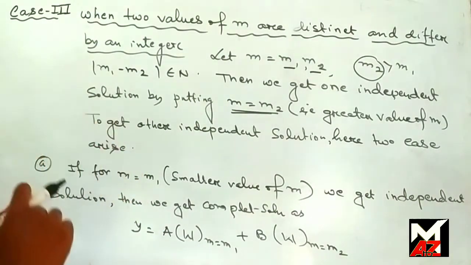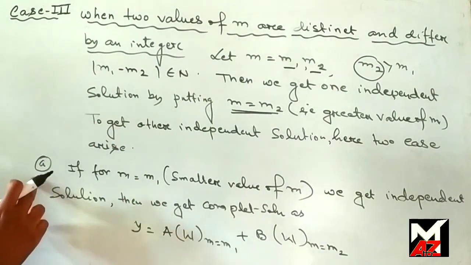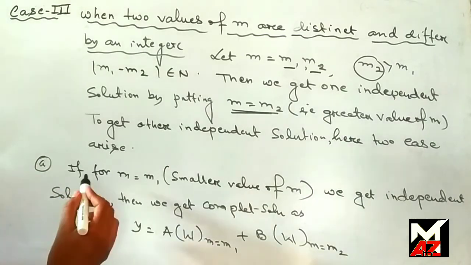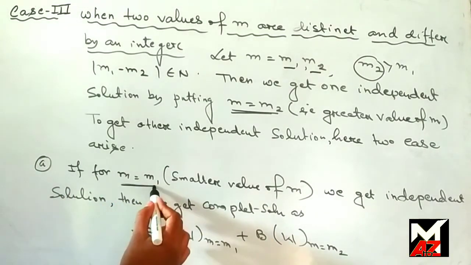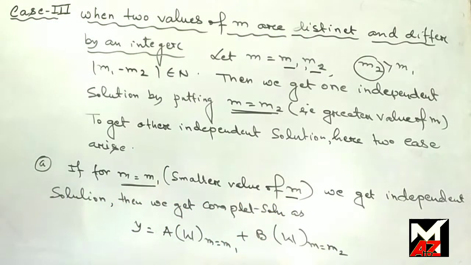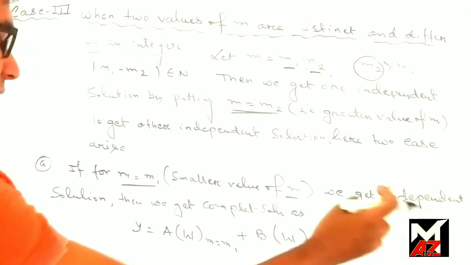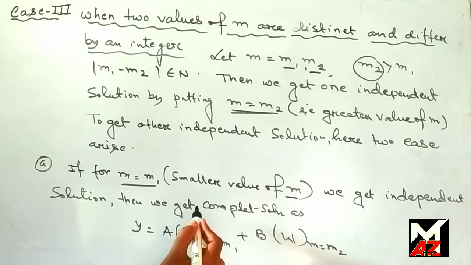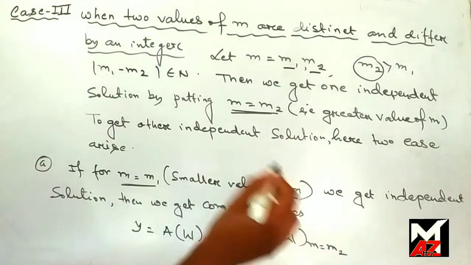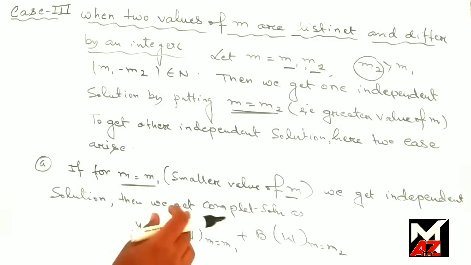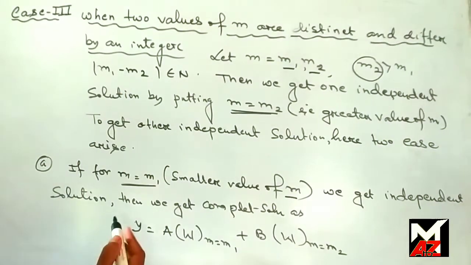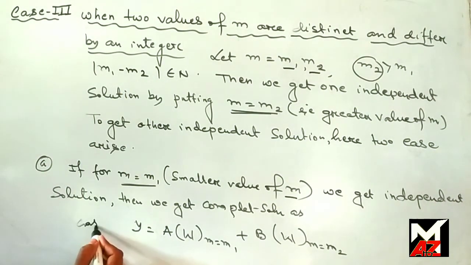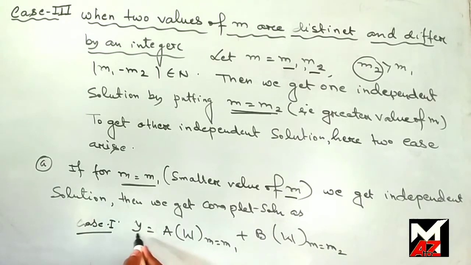The first independent solution we get by putting m equal to m2, and for the second independent solution we get two cases. In case A, if for m equal to m1, that is the smaller value of m, we get an independent solution, then we get the complete solution of the given differential equation as in case 1, that is y equal to a into w at m equal to m1 and b into w at m equal to m2.